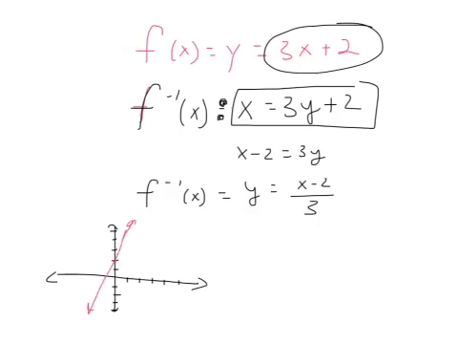And my next equation has a y-intercept of negative 2/3. And it might help to rewrite this as 1/3 x minus 2/3. So it has a y-intercept of minus 2/3, and we're going to do this one in blue. And a slope of 1/3, so something like that.